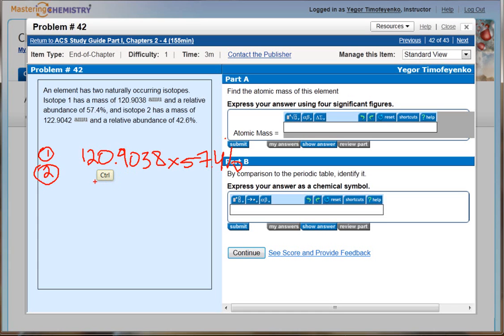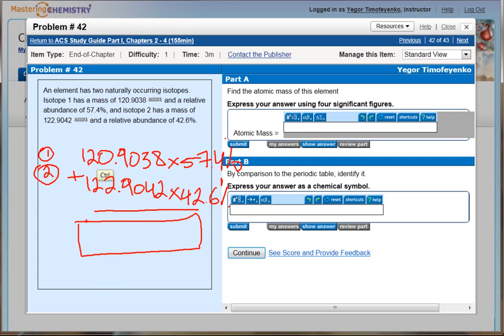Then we have the second isotope, which is 122.9042 times 42.6%. We multiply those out, make sure to move the decimal spot over, and sum up these 2 expressions, and this will be your answer.